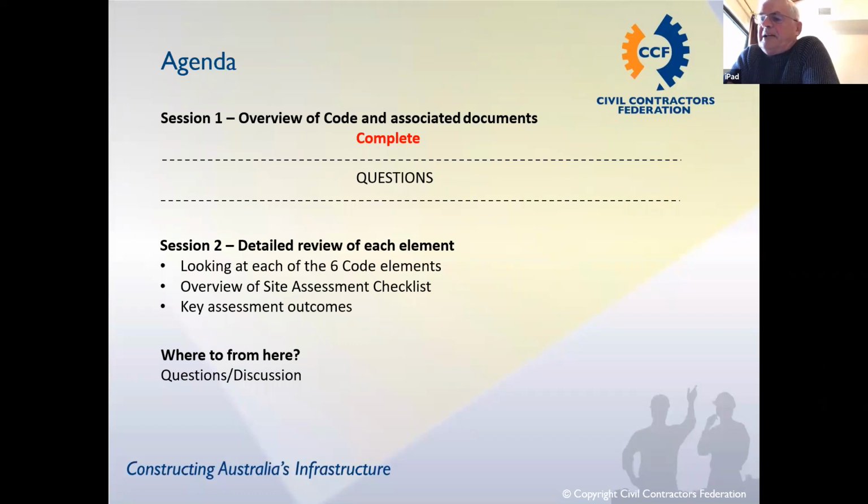Those are the two key elements, and how you identify the risk. There are some other elements we'll cover down the track. But the code is pretty simple to read, and there are some good examples in it to help you say, I've got a gap there, I need to address that.